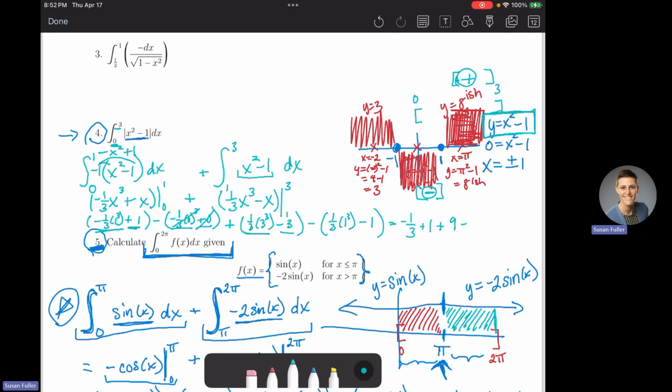Minus 3. And then I'm also going to do this and remember to distribute this negative. I'm going to subtract 1/3 times 1 to the third, which is just a negative 1/3. And I'm going to subtract a negative 1, which turns that into a plus 1.